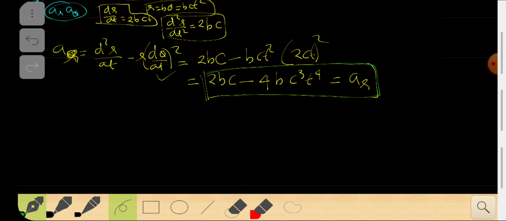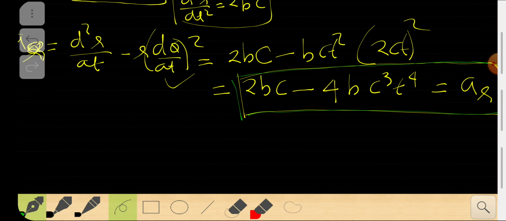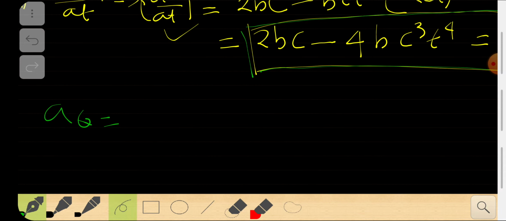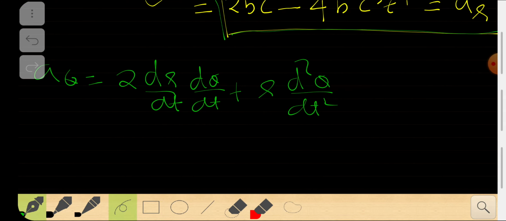And now let's find out a theta, which is the tangential component. We have discussed there is Coriolis in here. So Coriolis is 2 times dr by dt times d theta by dt, plus r times d square theta by dt square, that's Coriolis plus normal.